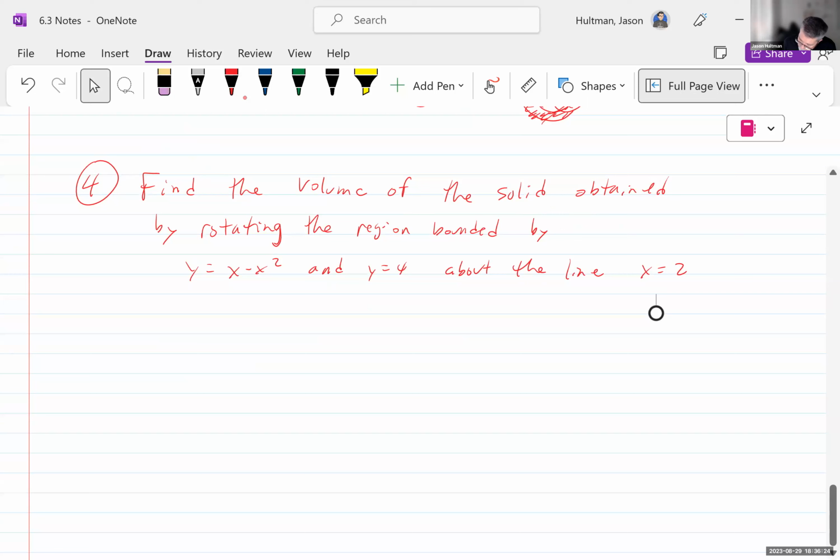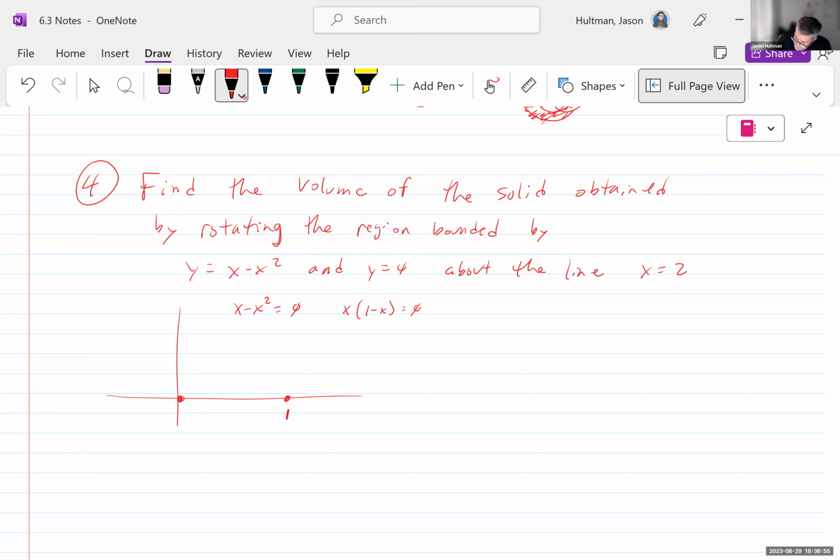Okay, so what does x minus x squared look like? Well, it's a parabola. The roots of the parabola: x minus x squared equals 0, so x times 1 minus x equals 0.